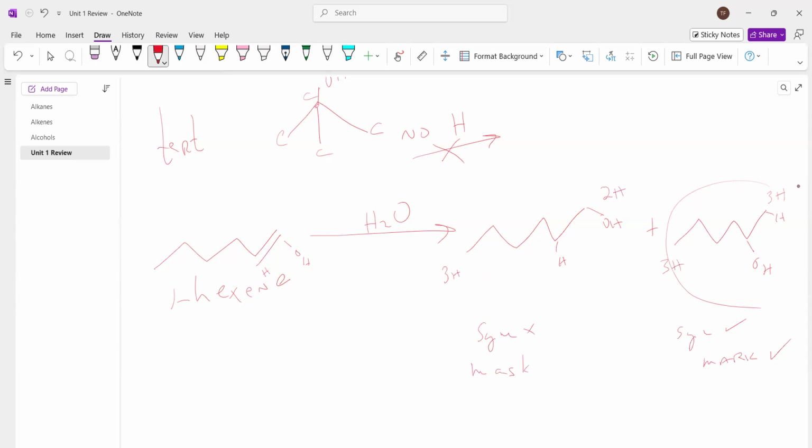I think this was in relation to a Markovnikov question. Didn't I say explain in terms of Markovnikov? Yeah. So you just say this has 5 terminal hydrogens, this has 6 terminal hydrogens. So 6 is favored over 5. That makes sense?